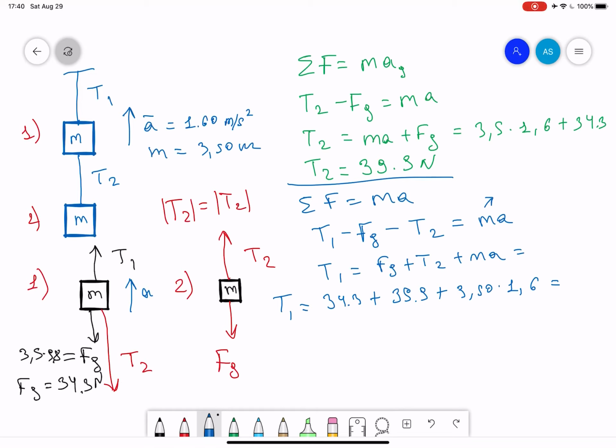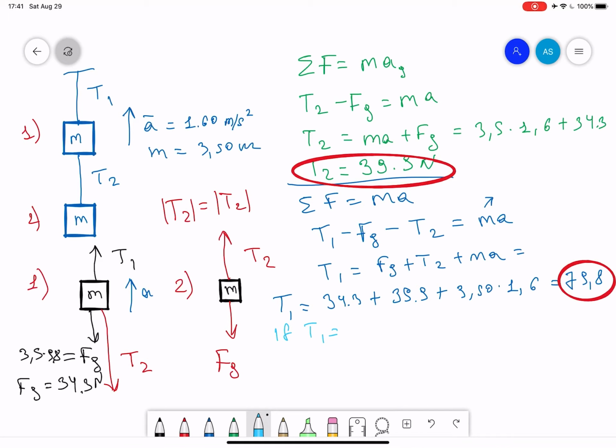So you should get that your tension 1 is equal to 79.8 newtons. So we found that our tension 2 was 39.9 and our tension 1 was equal to 79.8 newtons.